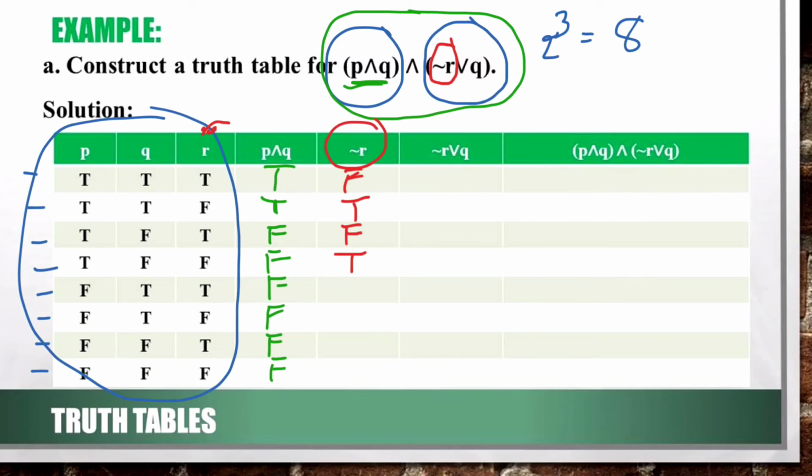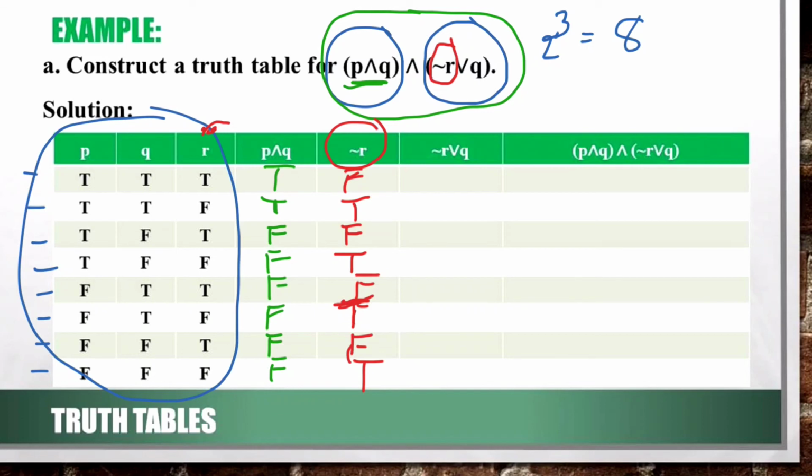False, magiging true. Next, true magiging false kasi negation. False ay magiging true. False, true, false, true, false, true, false, true. Ayan. So, we have here the negation R.